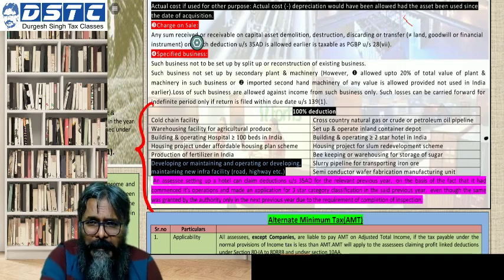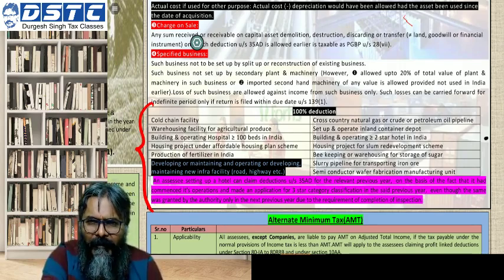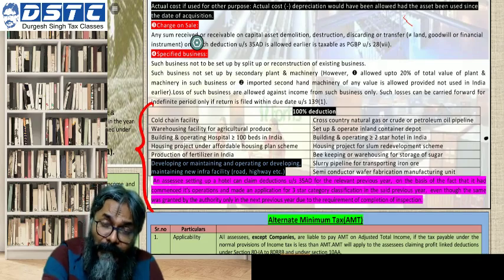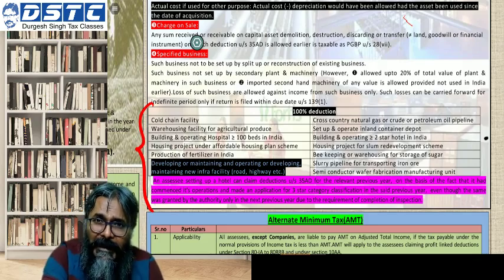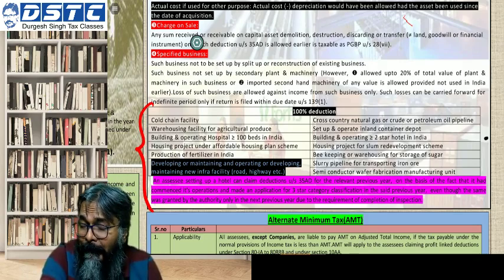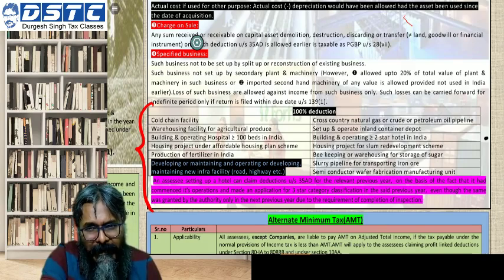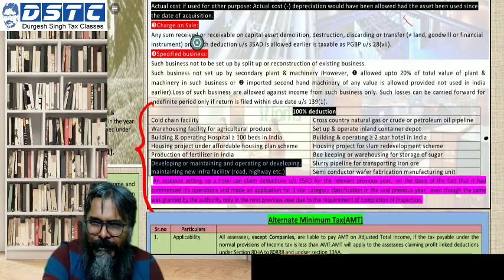Those specified or priority infrastructure related projects have been made a specified business, and in respect of these specified businesses, the deduction in respect of their capital expenditure incurred will be allowed as deduction under 35AD if it satisfies certain conditions.